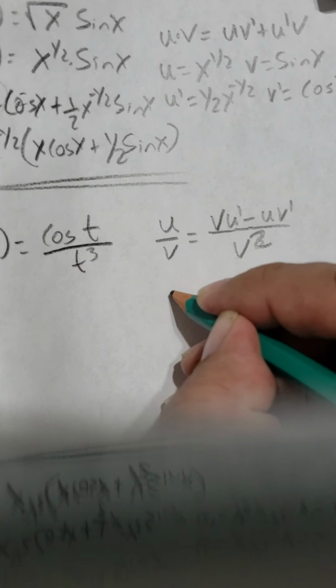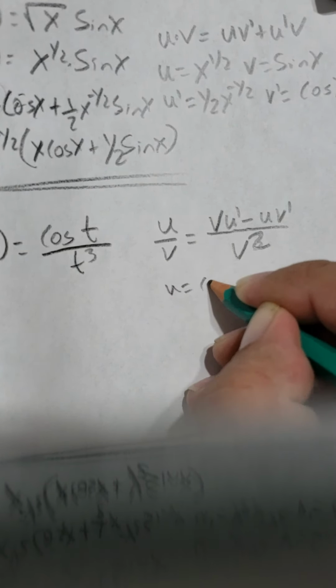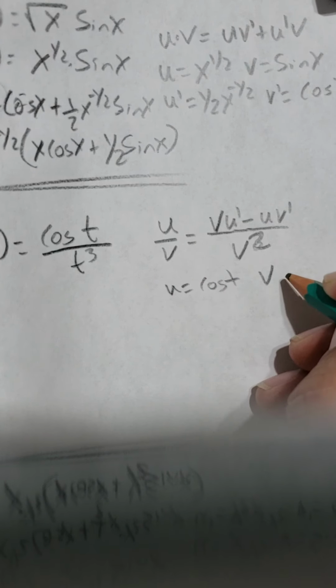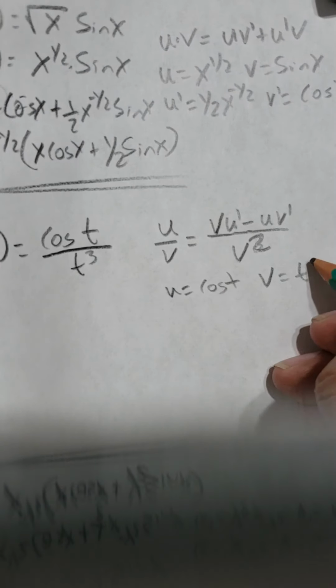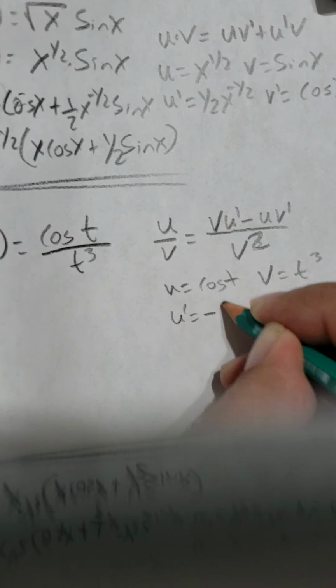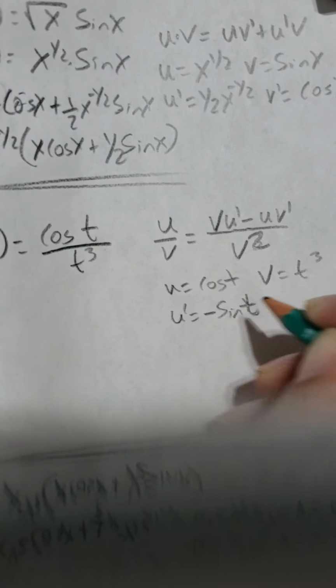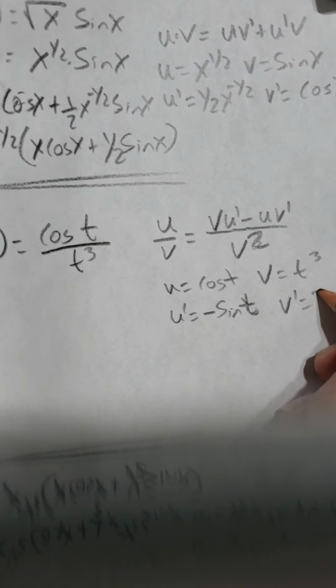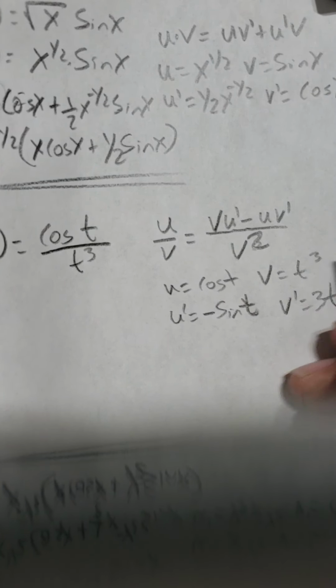Following this pattern, u is equal to cosine of t and v is equal to t to the 3rd power. Now, u prime will be negative sine of t, and v prime will be 3t to the 3 minus 1, that is t to the 2nd power.